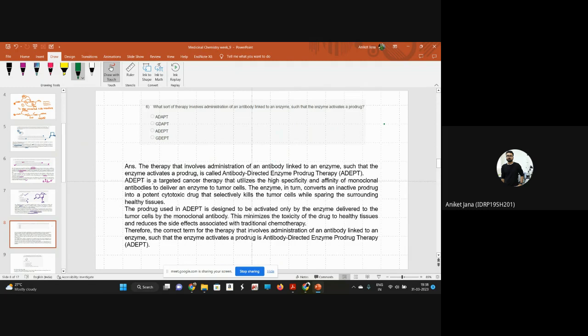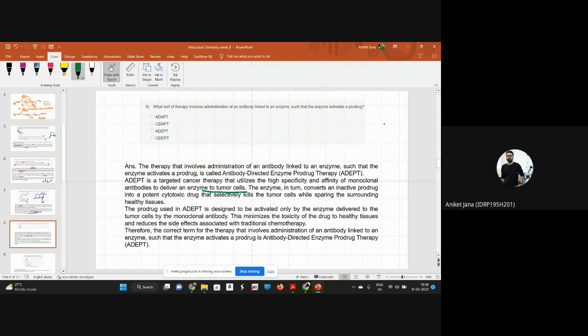ADEPT is a targeted cancer therapy that utilizes the high specificity and affinity of the monoclonal antibody to deliver an enzyme to the tumor cells. The enzyme in turn converts an inactive prodrug into a potent cytotoxic drug that selectively kills the tumor cells while sparing the surrounding healthy tissues.